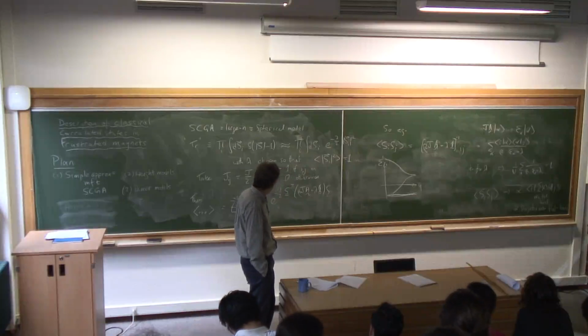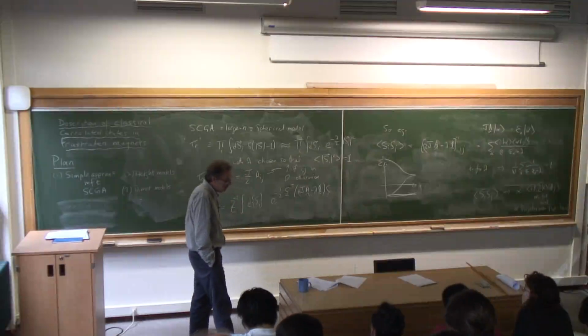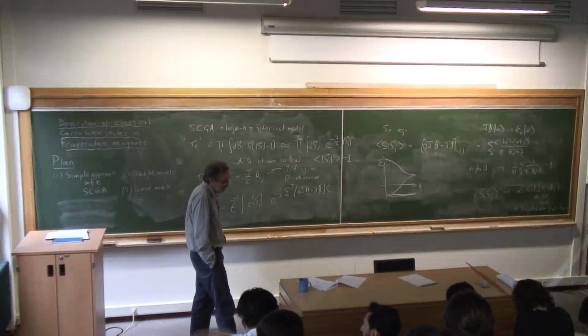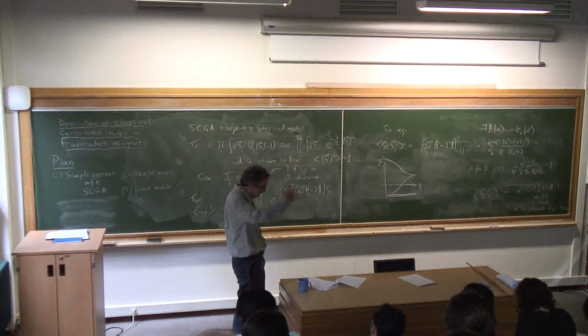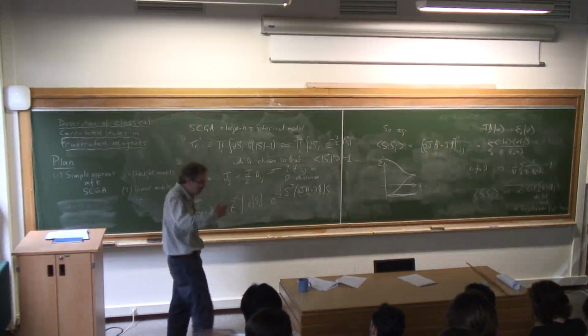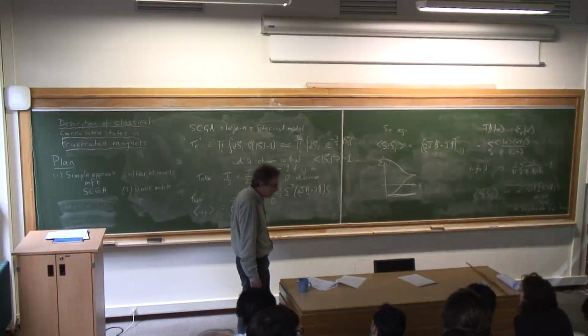And for vector spins, that in fact is the correct result, but if we consider Ising spins, then the correlation length diverges much faster. It diverges exponentially in 1 over T. So certainly there are some things that it doesn't capture.